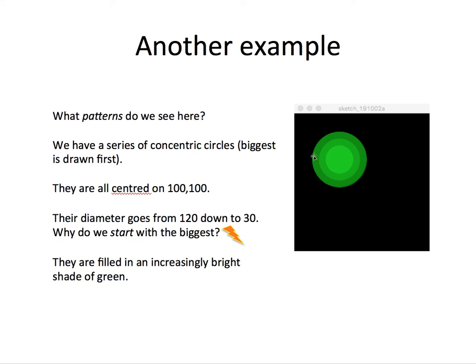So why do we start with the biggest circle? Well, obviously they're drawn on top of each other, so if you draw increasingly bigger objects on top of one another, they'll overwrite. So we start with the layers. We start with the biggest circle first, and then work that way.